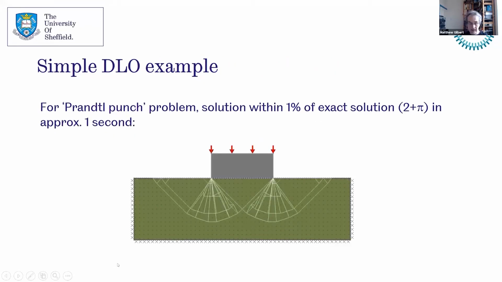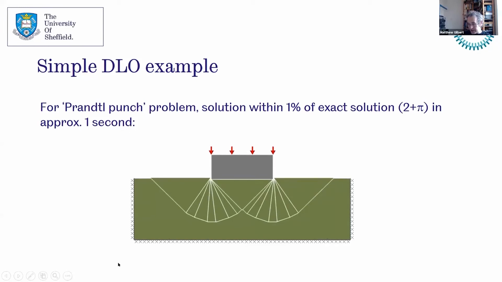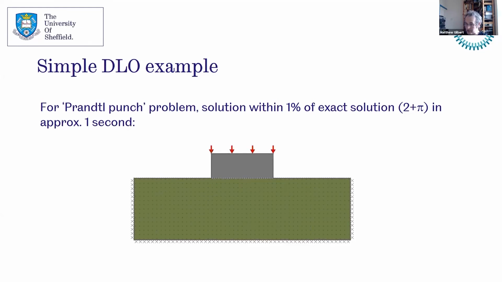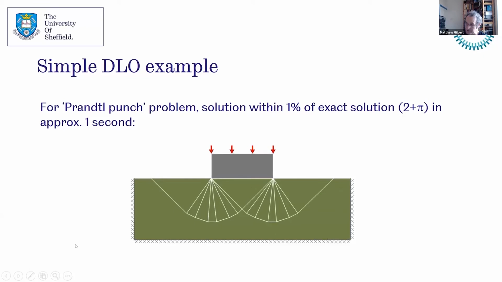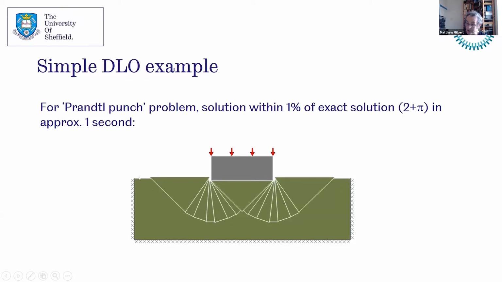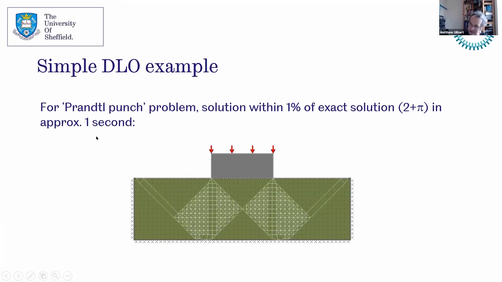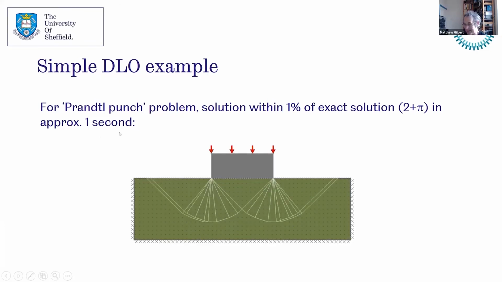In terms of the method in action, this is a very, very simple example. It's a footing or a Prandtl punch problem, and we can get to within 1% of the exact solution in about a second. Or we could 10 years ago. Computer power has increased a little bit since then, so probably a fraction of a second.